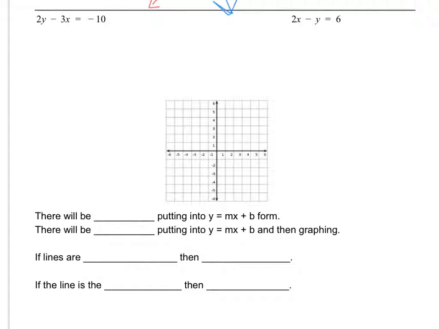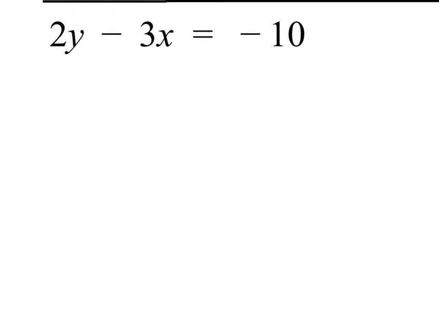Next, we have 2y minus 3x equals -10, and 2x minus y equals 6. Let's start off by putting this into our y equals mx plus b form. What moves first? Okay, we're going to move the -3x by adding 3x to both sides.